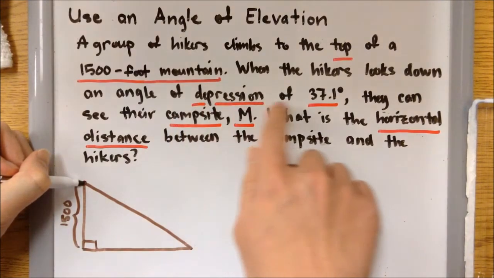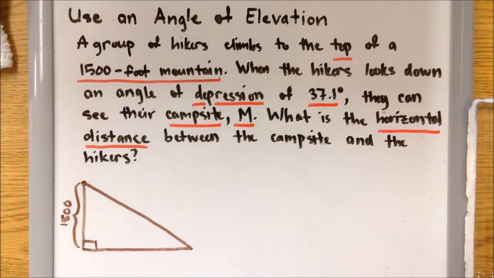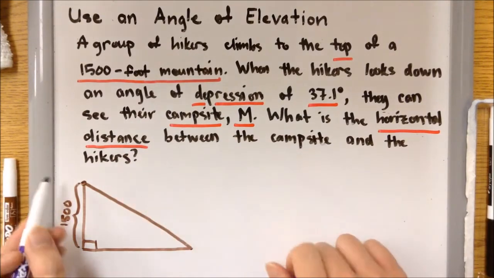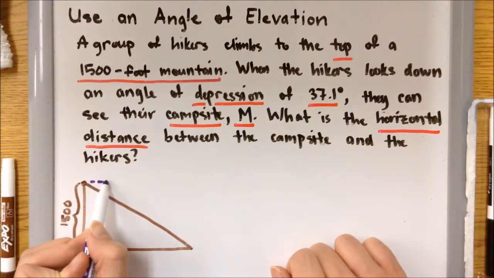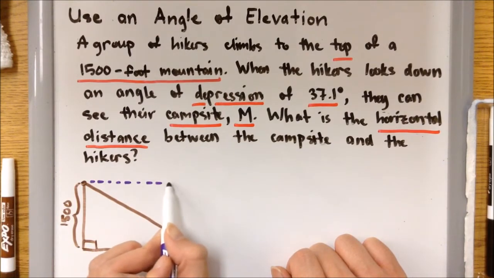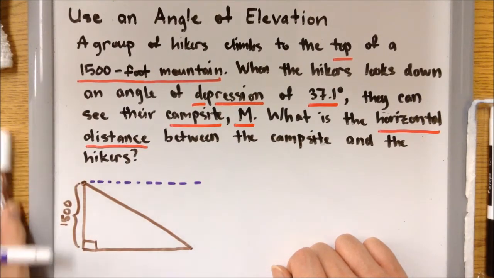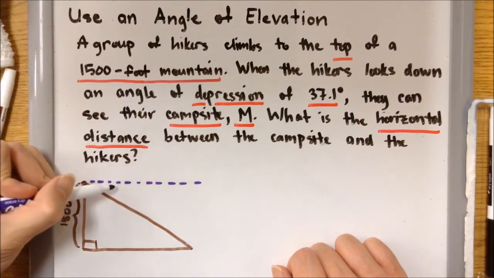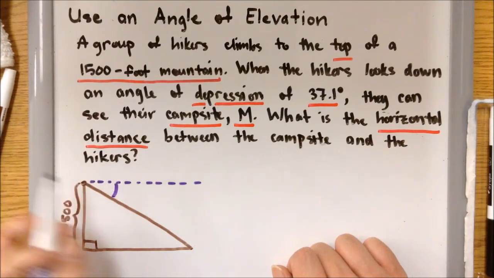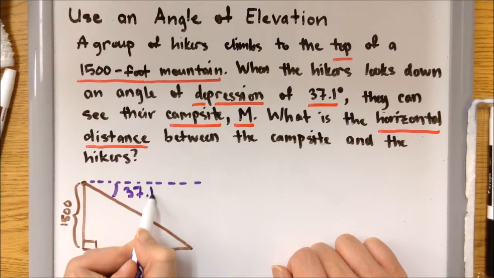When they look down at the angle of depression, this is where it's going to get a little bit confusing. Angle of depression basically means starting from the horizontal line here that is parallel to the horizontal at the ground. So basically my angle of depression is right here, 37.1 degrees.